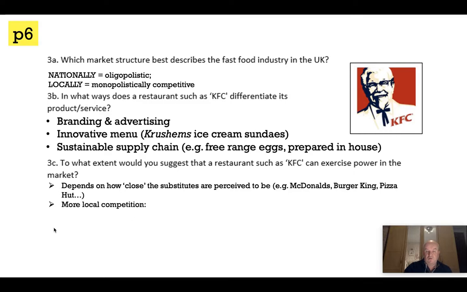There's clearly more local competition, as we mentioned. Okay, there's all sorts of different chicken restaurants, as we can see, and you could almost imagine any way in which you might describe a chicken, and there are even more. Lots of local competition, which clearly is going to have an impact on whether KFC could exercise their market power, whether they might be able to charge more than others.